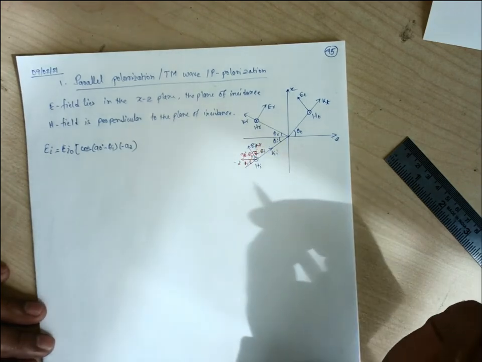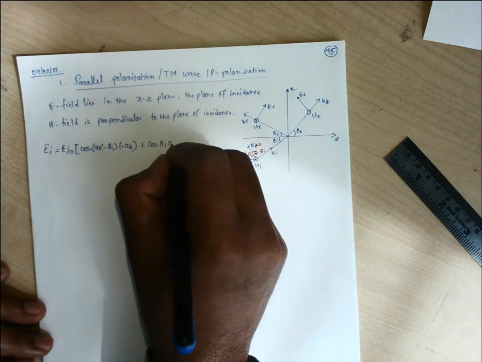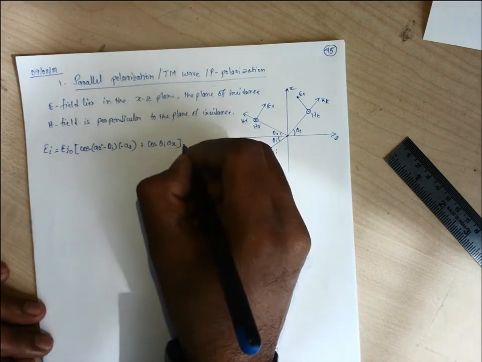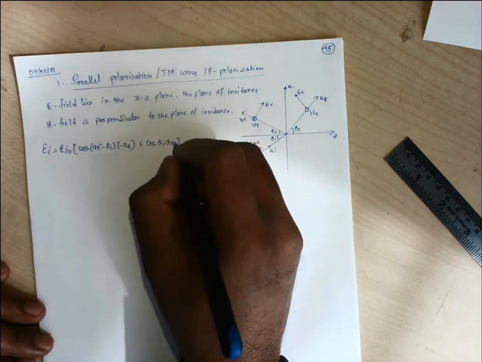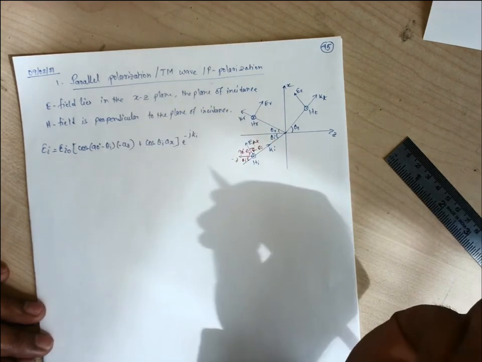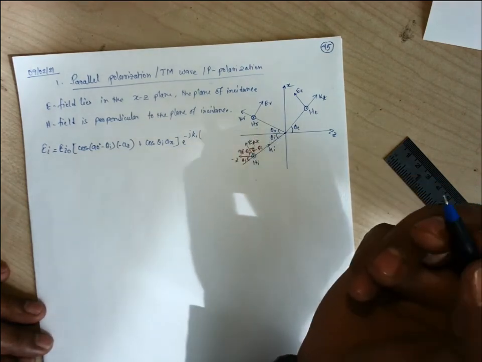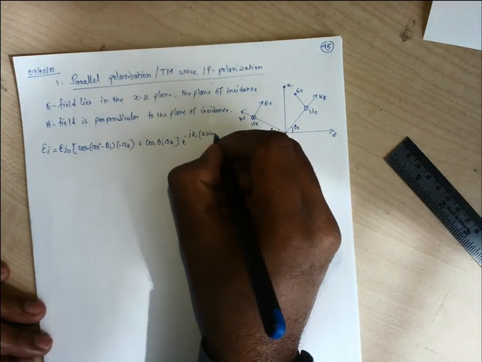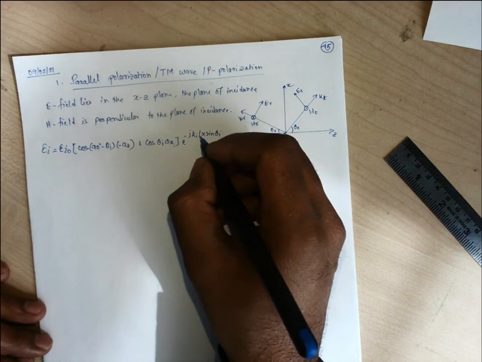Along x it is cos theta I, along a x, times e to the power minus j k I, for the incidence, into x sin theta I plus z cos theta I.